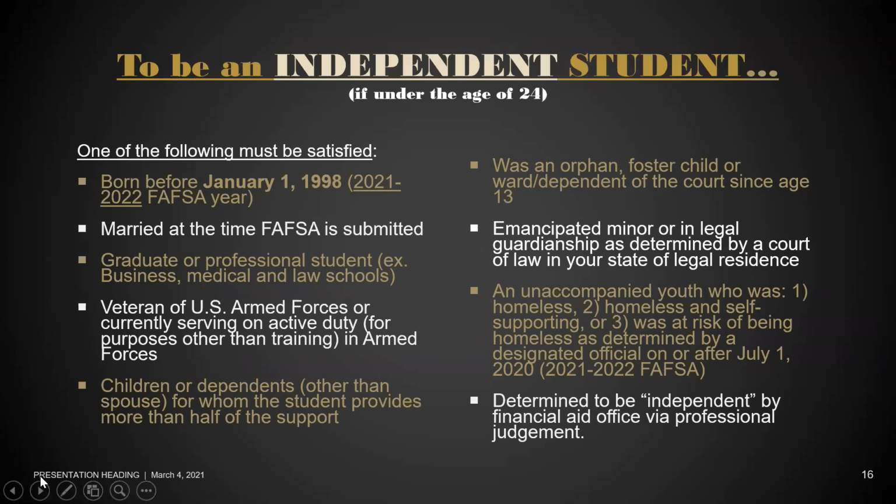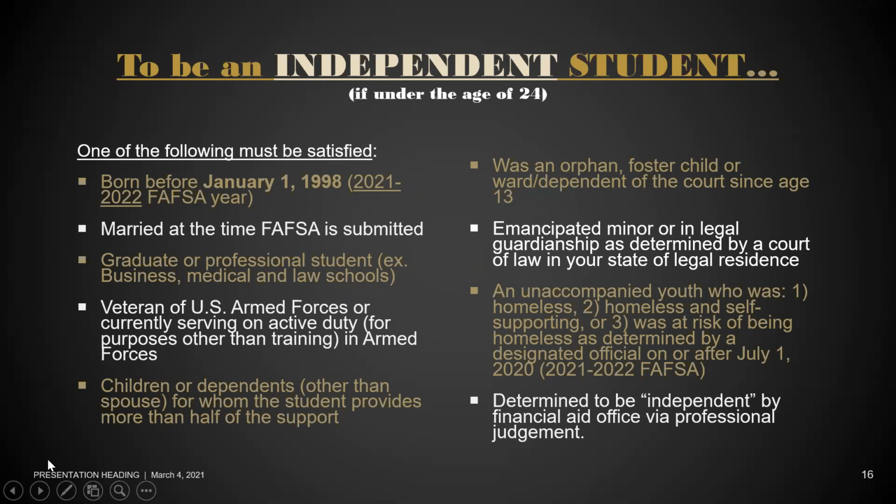There are some circumstances where a student may not be able to provide parent information on the FAFSA. For federal student aid purposes, all students are considered dependent on their parents up until the age of 24. The only circumstances that could deem them not having to provide parent income and information is if they meet any of the following criteria.